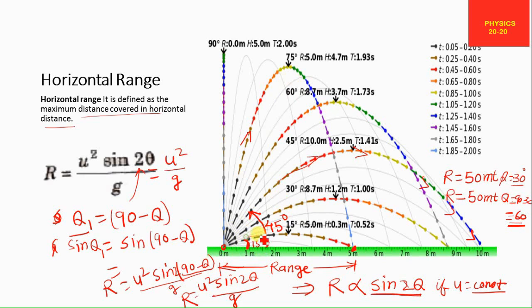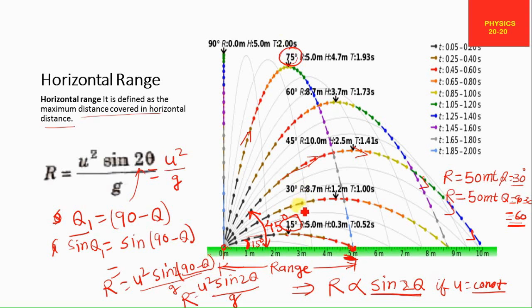We can see from this graph, let us suppose this is a 15 degree angle, and the range is this. There is another projection here with an angle of 75 degrees, and here also the range is the same.